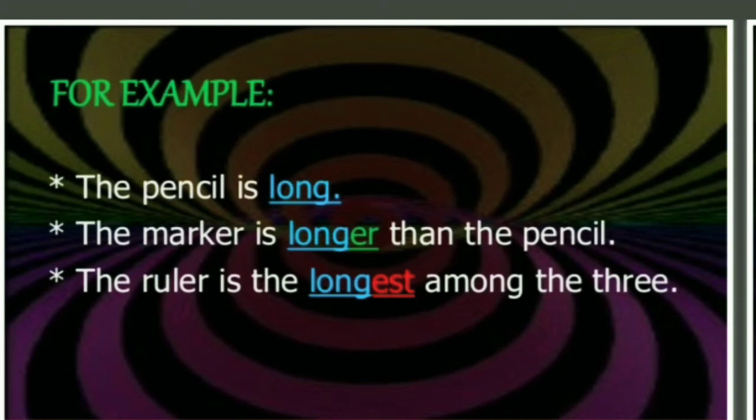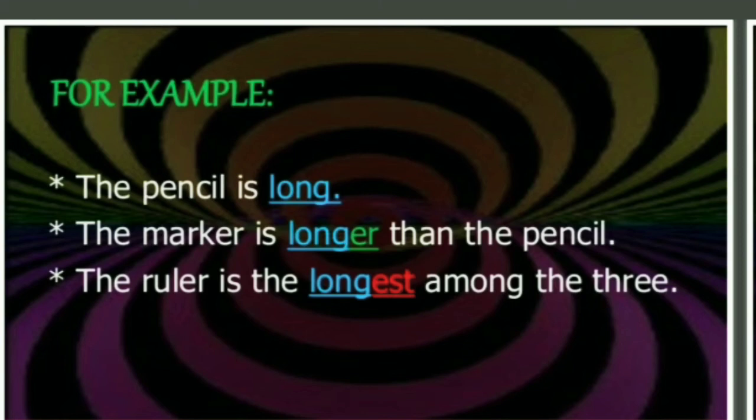So please remember, students, whenever you are comparing only two things or two people, you have to use the comparative degree, that is ER. We'll come to when to use ER and other stuff also. Now, when you compare one thing to a whole group, that time you use the superlative degree.